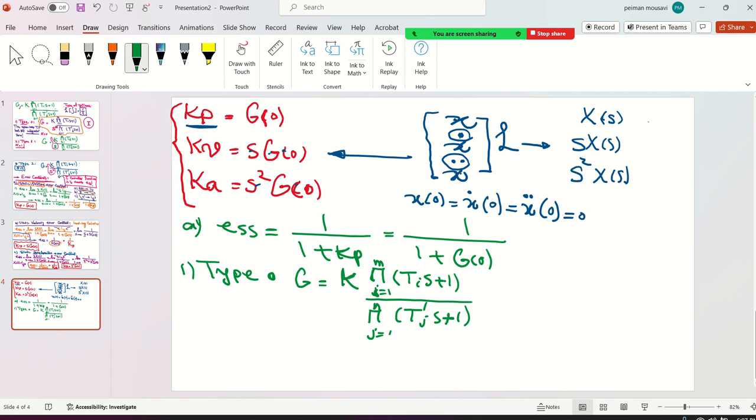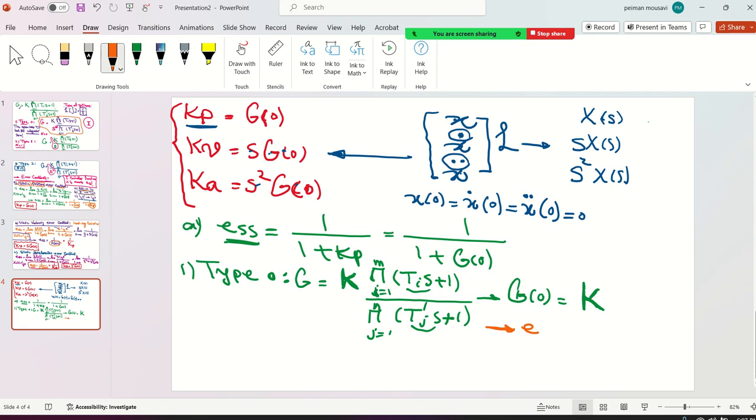So in this case your type is 0 for a static position. G at 0, S is 0, so this is going to be 0, this is going to be 0. 1 by 1 by 1 by 1 is 1, so the remaining is K. Let me delete that because I want to make a table.